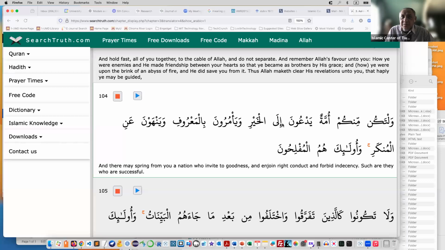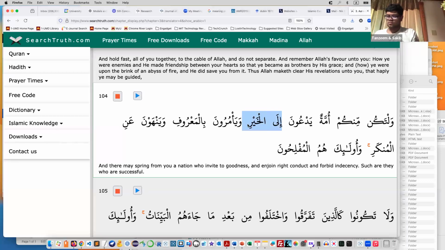So let's take a look at this one, for example. Okay. So first of all, where does the moon letter and sun letter come into the picture? In what structure or what letters are we looking at to see whether we need to be concerned about the moon letters or sun letters? Alif, lam. Yes, right. Whenever we see an alif lam at the beginning of the word, very good, Arif.